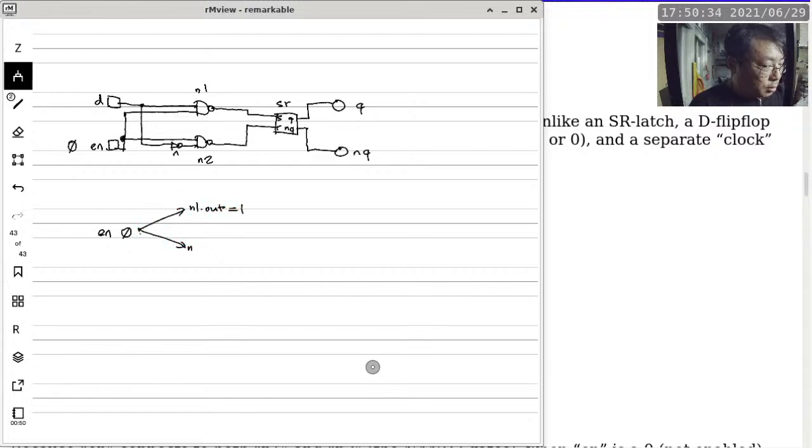It is also going to result in N2.out being a 1. It does not even matter what D is, because in both the cases of N1 and N2, if at least one input is a 0, the output is going to be a 1. So this guarantees that both N1 and N2 are going to output 1, regardless of what the value of the D pin is.